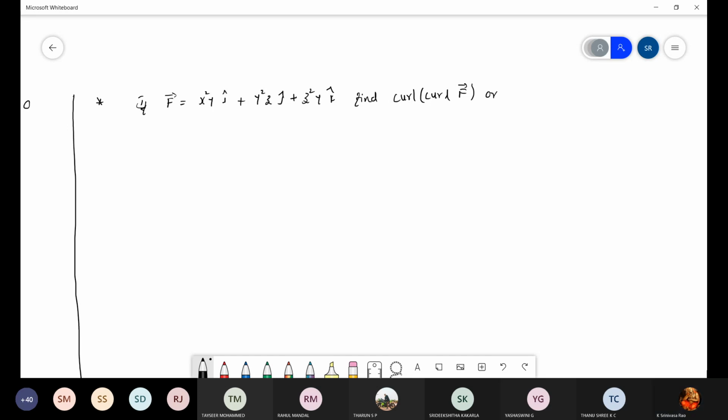Or can you symbolize? How to symbolize this question? So del cross, del cross f.